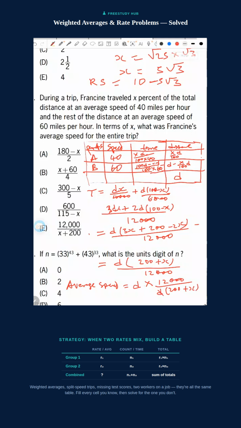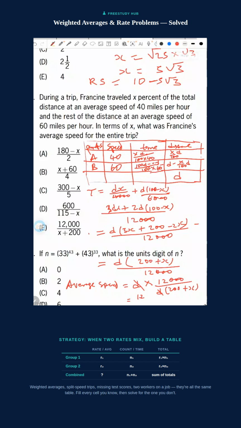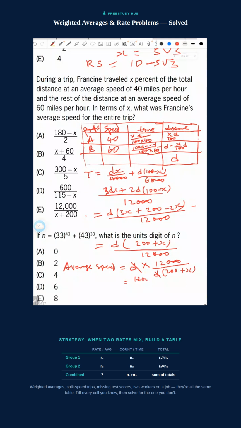We cancel d, and we are left with 12,000 over 200 plus s. But in the options, we have s plus 200 rather. So the correct answer is E.